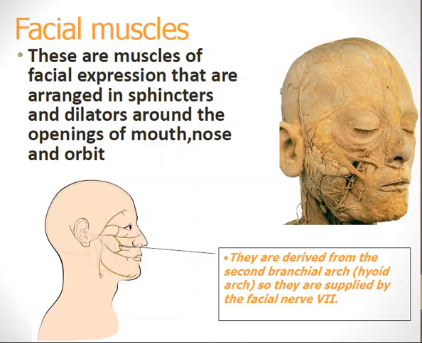These muscles around the openings act as a sphincteric mechanism, trying to close or narrow the opening of the mouth, of the nose, and even of the orbit when we are closing our eyes. And also we have other muscles that antagonize the action of these sphincter muscles. We will come to these muscles in a moment.